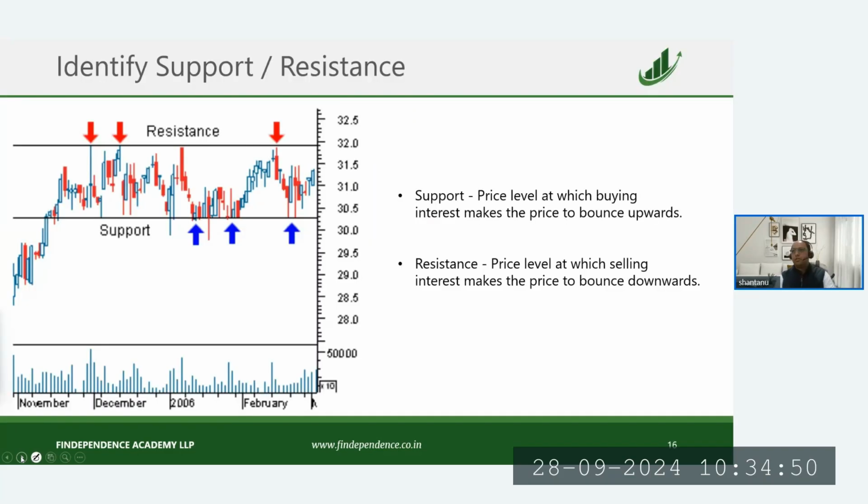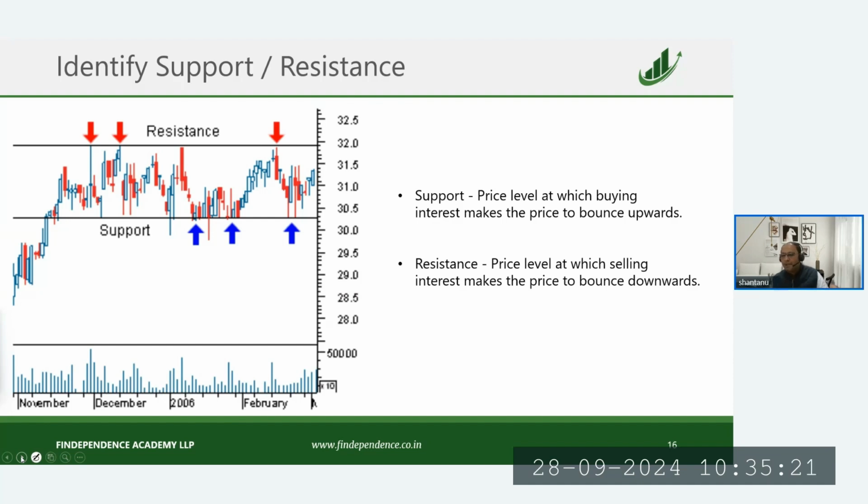If you see here, support is any level from where you see a buying interest, and because of that buying interest, the prices tend to bounce upwards. The number of buyers start coming in, they want to buy more, they will buy at any price. So it will create a buying interest which will push the prices upwards.